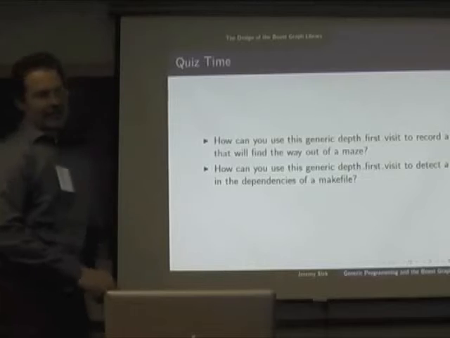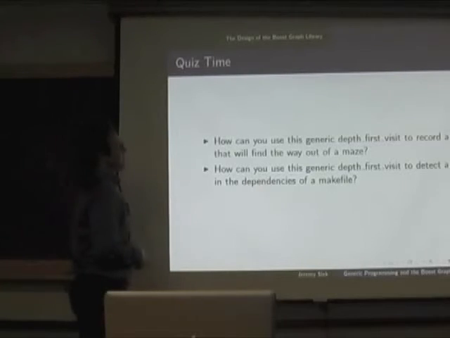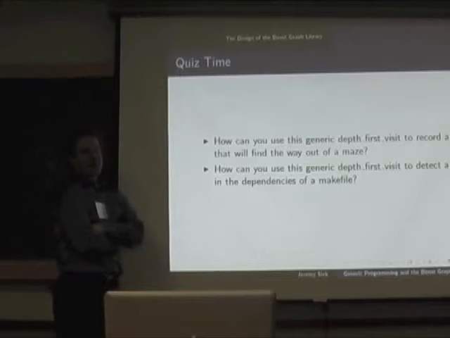So let's think about applications, right? I've shown you all this generic stuff. Now, what if we're actually trying to solve a particular problem? What if we want to find a path that gets us out of the maze?